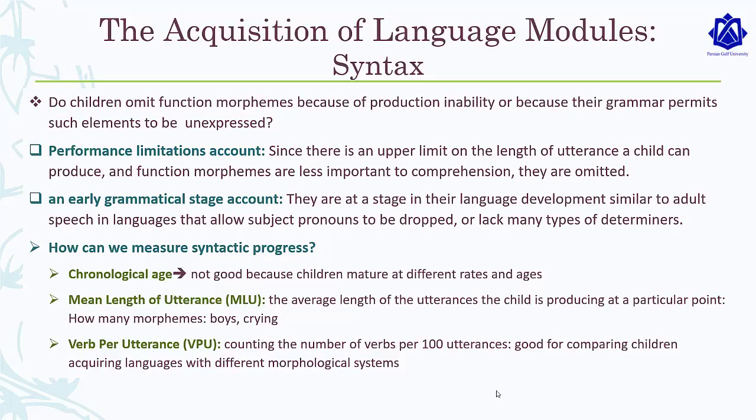Another account says that children are going through an early stage of language development, and this stage is similar to what we can see in adult languages. For example, in Spanish, in Italian, in Persian, subject pronouns can be dropped, and that is what's happening when children produce sentences with the subjects deleted. Or there are many languages that do not have determiners.